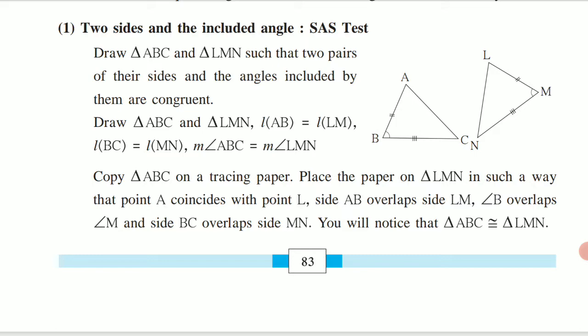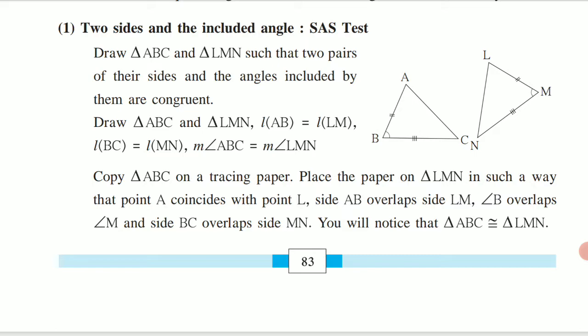Draw triangle ABC and triangle LMN such that 2 pairs of their sides and the angle included by them are congruent. That is, length AB is equal to length LM, length BC is equal to length MN, and measure of angle ABC is equal to measure of angle LMN.